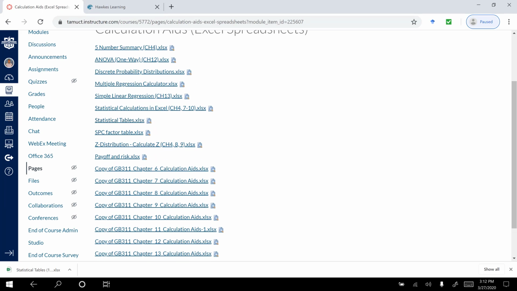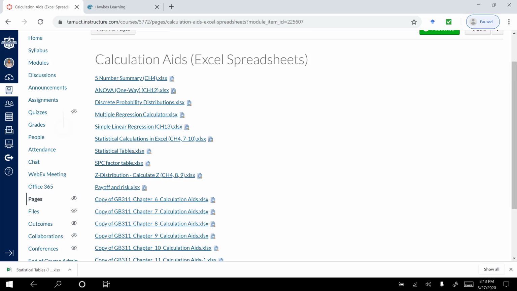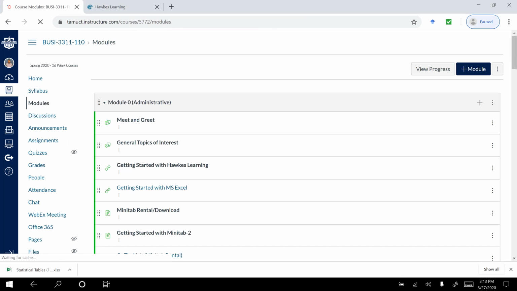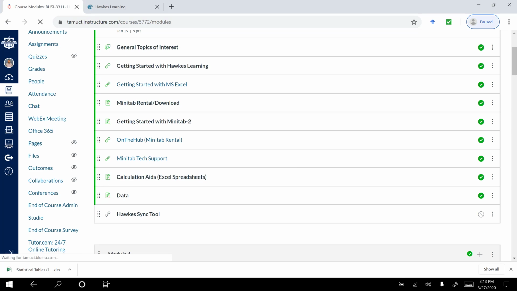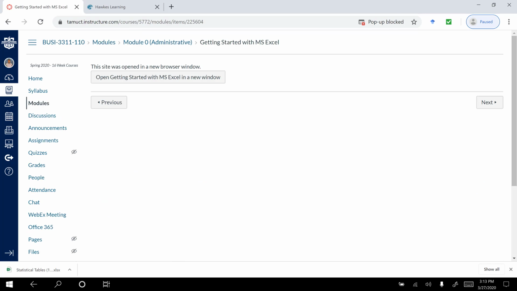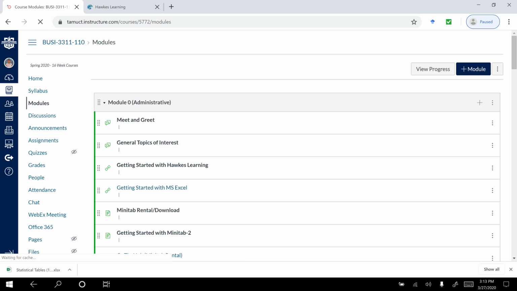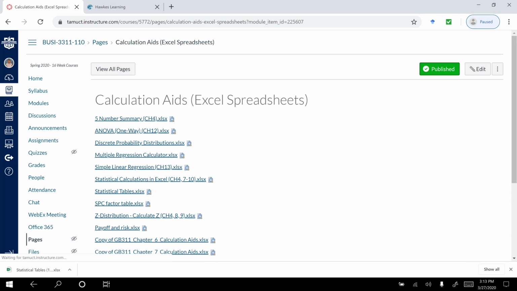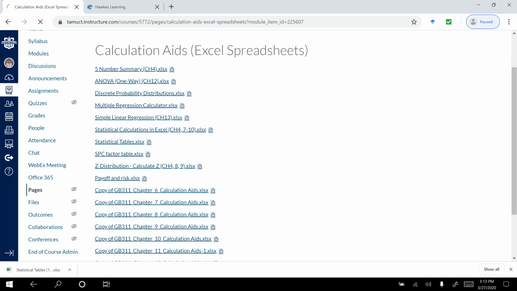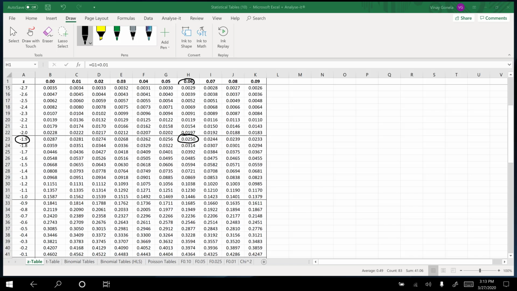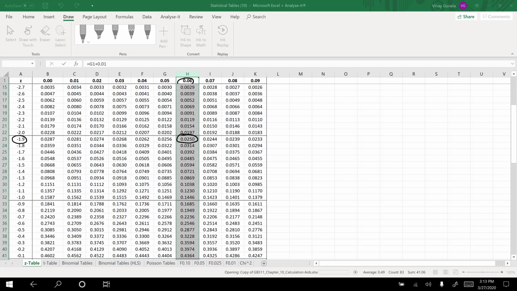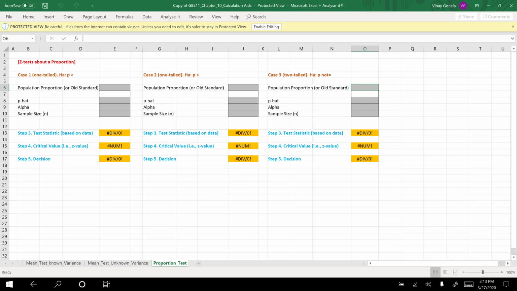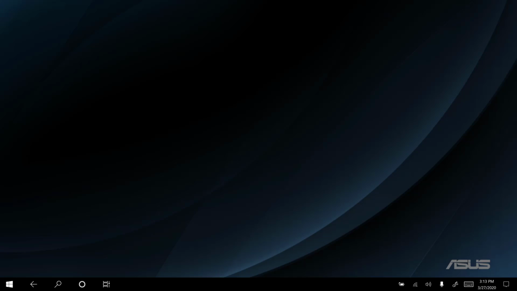So now I will download our calculation aids of chapter 10. So I will go to chapter 10. Again, you are going to modules, module 0, calculation aids, and try to download chapter 10 material worksheet, and then you will do enable editing.